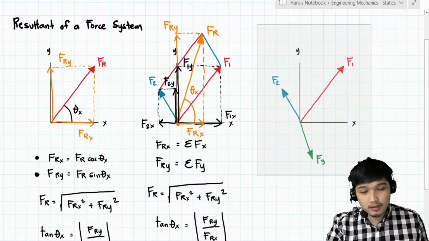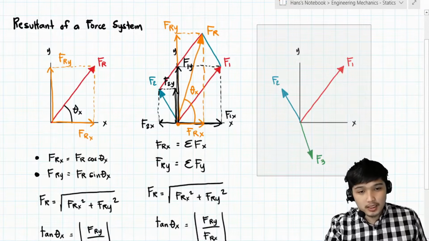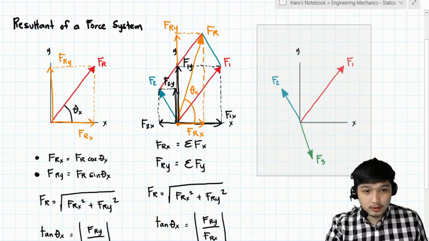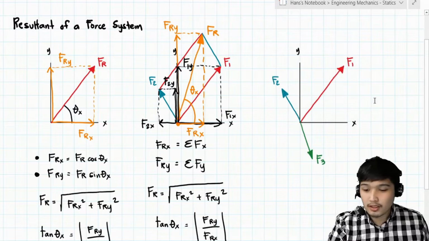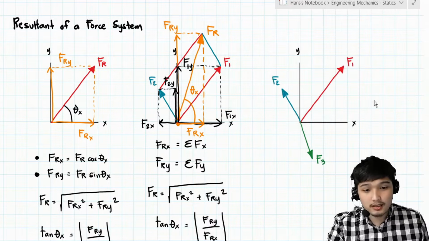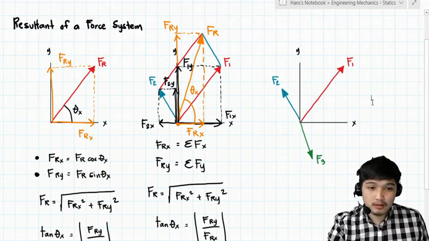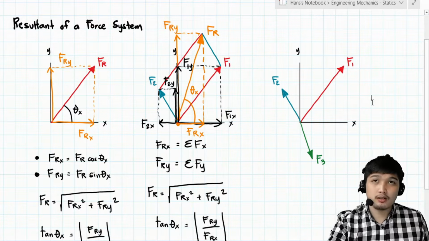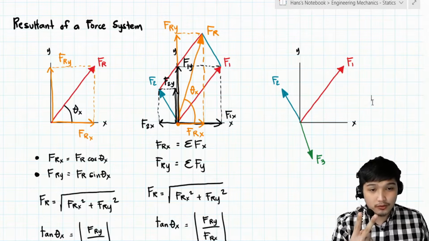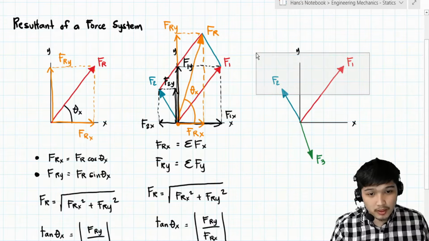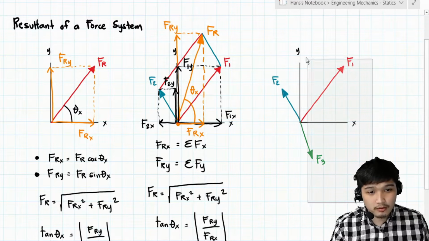So paano ipakita graphically yung equivalent resultant nito? Paano gagamitin diyan class ang parallelogram law? So para magamit natin yung parallelogram law, ang ginagawa dito, always consider two forces muna, di ba? It's up to you kung gusto mong gamitin yung F1, F2 or itong F1, F3 or yung F2 saka F3.